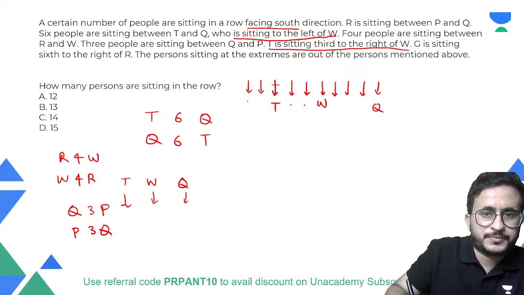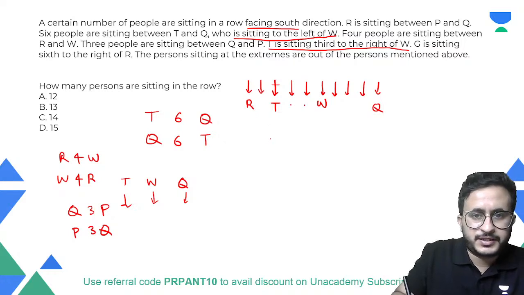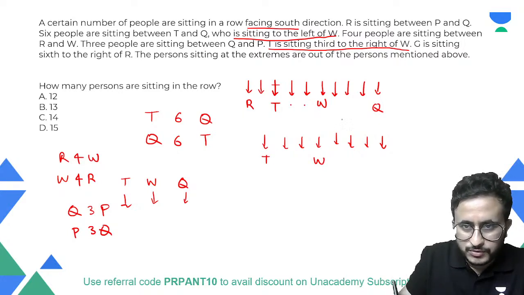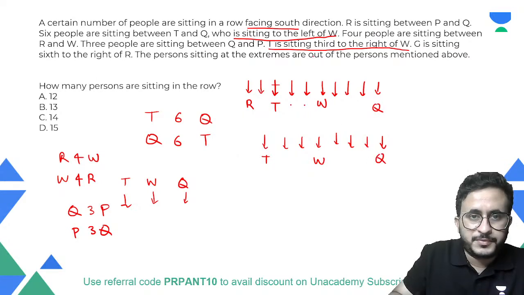This will be R. And let us make another case wherein we have T. So this is T, 1, 2, 3, 1, 2, W, 1, 2, 3, Q. And four people between R and W. So 1, 2, 3, 4. This will be R. So two possibilities for R.